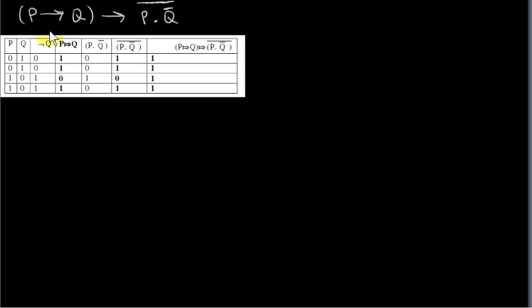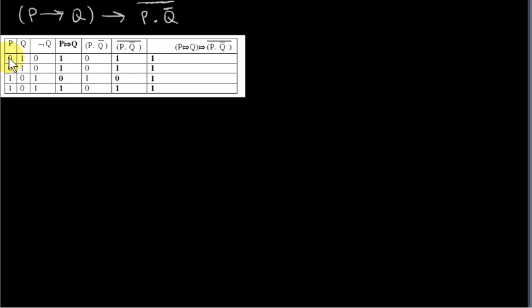In this example, we are going to look at the proposition P implies Q implies not P and not Q. So this is built up from two propositions P and Q. Normally in the truth table for P and Q, we would take, say, Q and write 0, 1, 0, 1 down here.